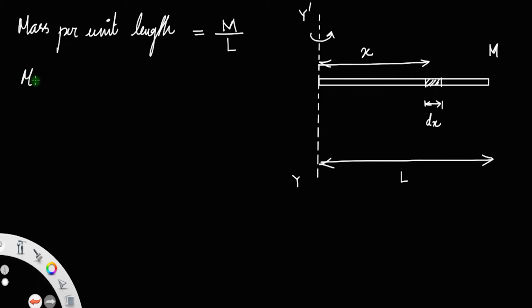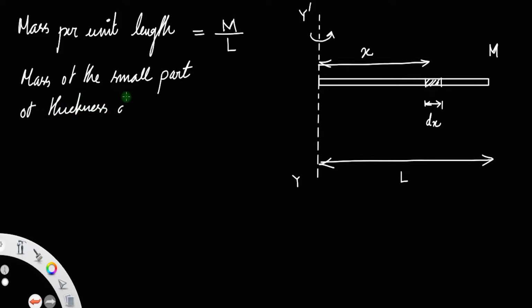So the mass of the small part of thickness dx is equal to, we know, mass per unit length into length.